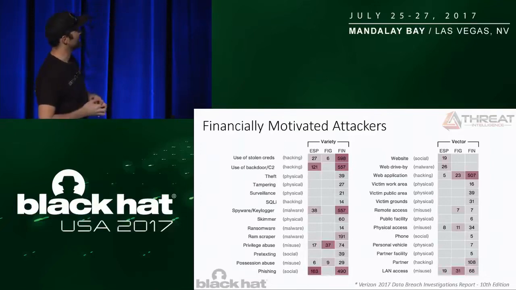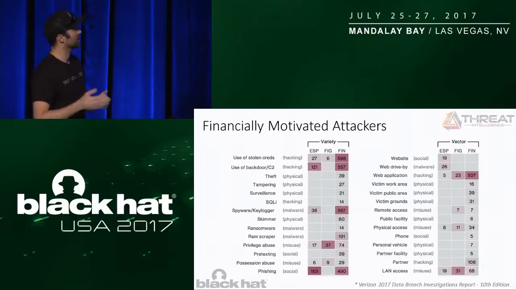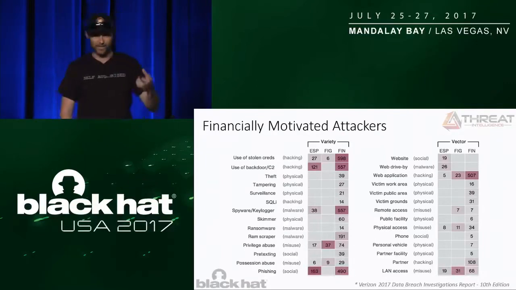But the interesting ones, for this talk anyway, are the use of backdoors and command and control. You can see on the right-hand side under the fin column, there's 557. The red ones there are really the high numbers, and that's typically related to things like your malware, and also down the bottom there you can see phishing. So we're combining it with your client-side attacks and your command and control.